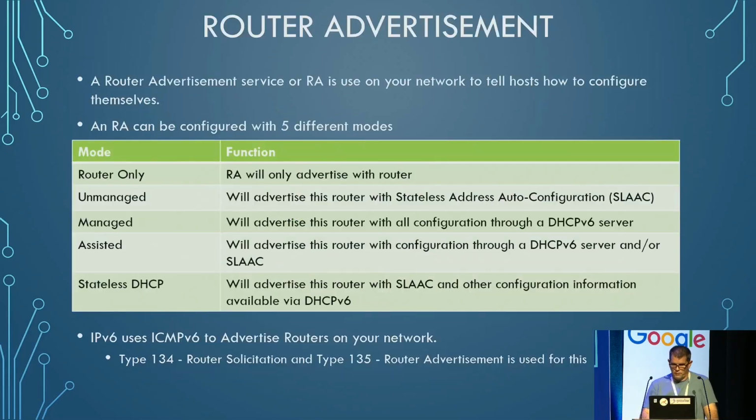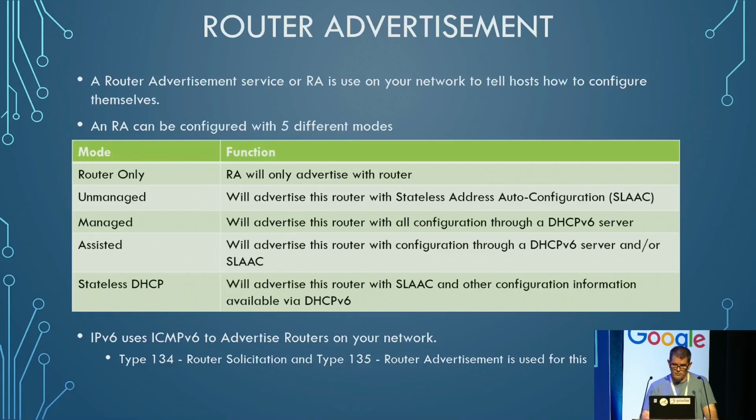Router advertisement service, or RA for short, is used on each network segment to tell a host how to configure its network address. An RA is fundamentally configured in one of 5 modes based on what your requirements are. You've got router only, where the RA only advertises its own presence as a router on a segment. You've got unmanaged, where the RA instructs all clients to use SLAAC, or stateless address autoconfiguration, to configure their network address and other information like DNS.